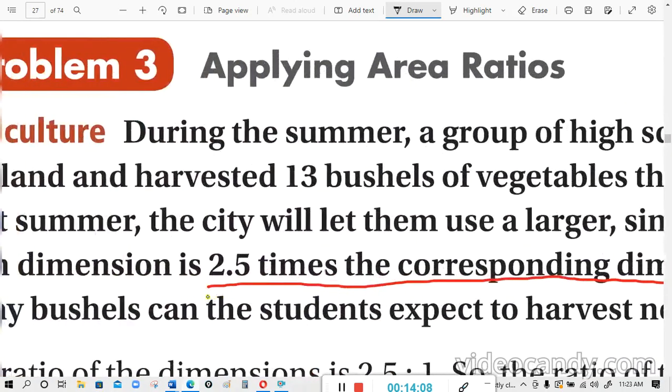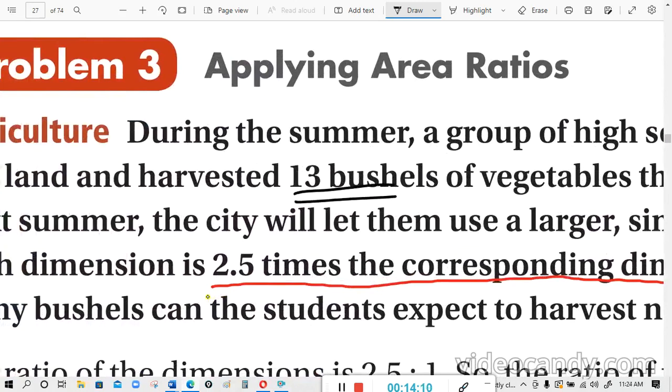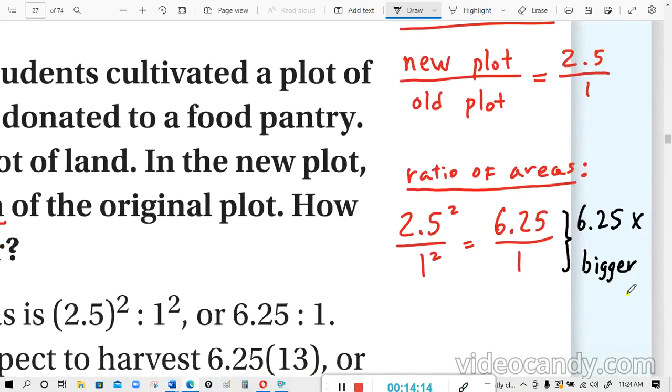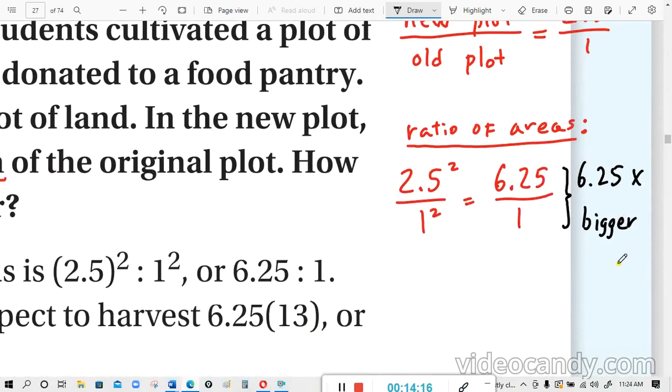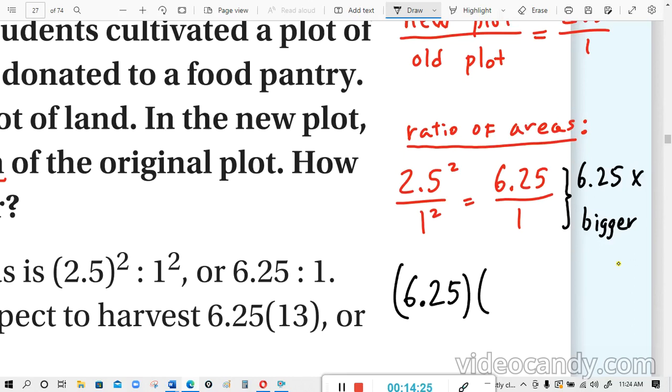So if the first time around they got 13 bushels out of the smaller land, and now this one is 6.25 times more, then the new amount is just going to be 6.25 times the 13 bushels. So now they should get 81.25.